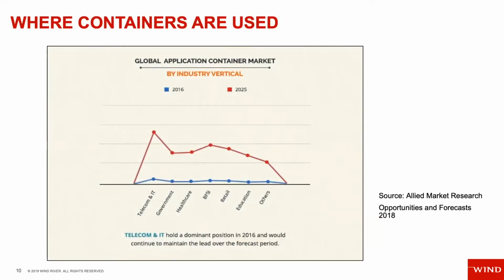When we talk about cloud native, of course, containers are a big part of that. I thought I'd start with some analyst data, a little bit of a snapshot. You can see here that the blue line represents 2016, 2017, where containers are being used. Not surprisingly, containers are predominant in telecom and IT. I think everyone knows that telco and IT are converging.